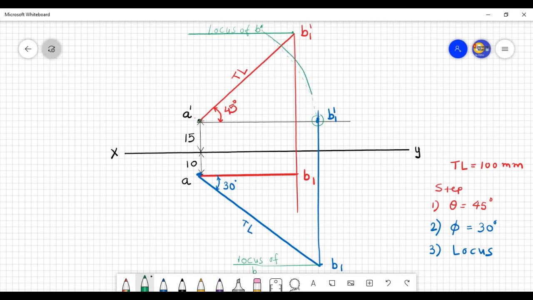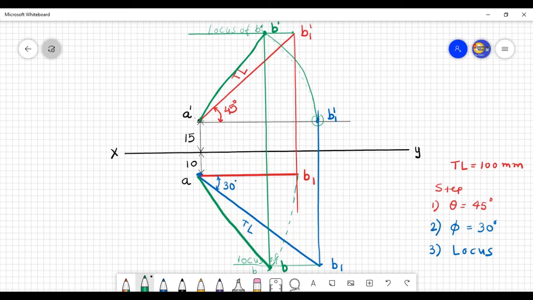Then you construct an arc by keeping A dash B1 dash as the radius and start to draw the arc or circle. It will intersect somewhere on the locus of B dash. That intersecting point is ultimately the final projection point, B dash, which we are interested in. So A dash B dash is the front view projection we are talking about.